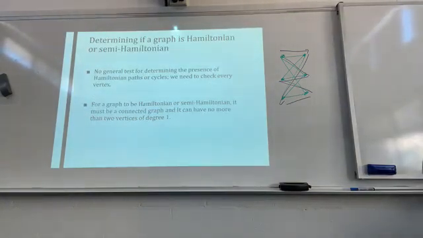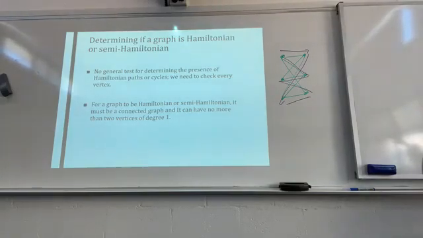All right. Determining if a graph is Hamiltonian or semi-Hamiltonian is not like Eulerian, where there's a test. For Eulerian, if you've got all even vertices, you know that's Eulerian, and a graph with exactly two odd vertices is semi-Eulerian. But there's no general test for determining the presence of Hamiltonian paths or cycles.